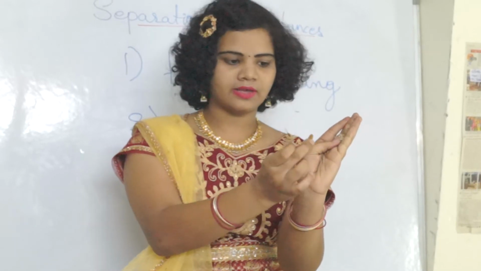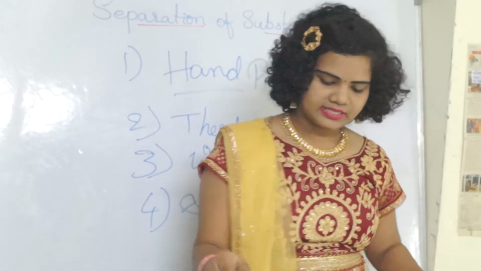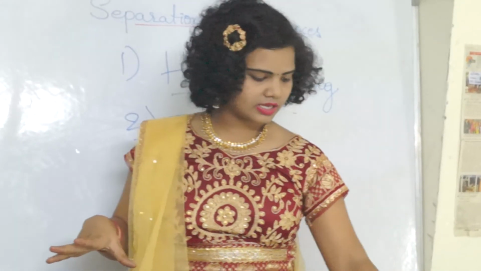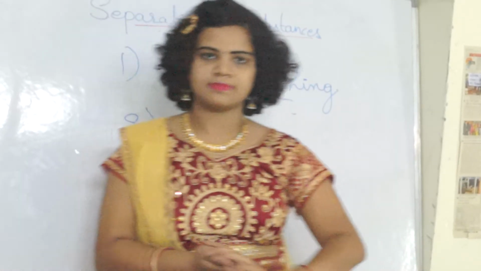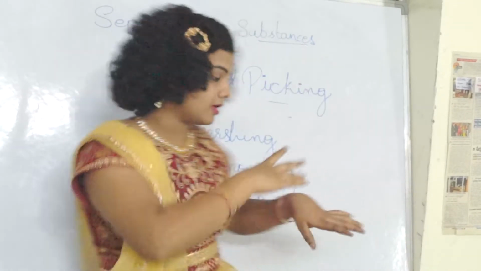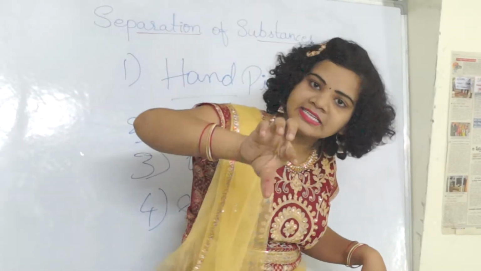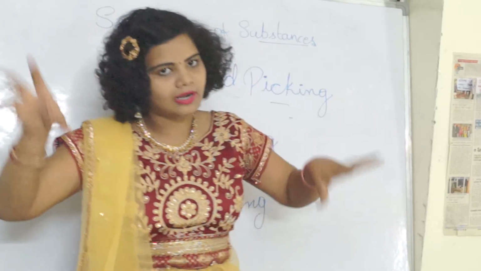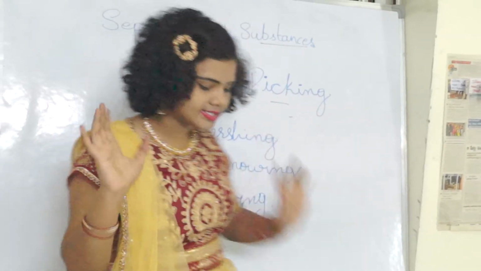So this is the bigger one and this is the smaller one. This sesame is smaller than this kismis. So you can separate both by the process called sieving. We can separate slightly larger sized impurities from the smaller sized ones. That process is called sieving.